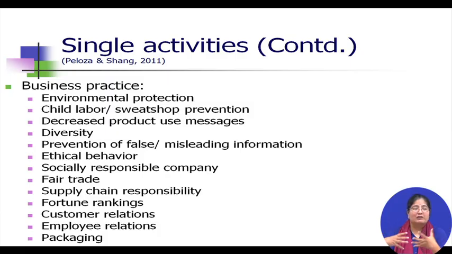So you say we employ people from all walks of life or from all different kinds of backgrounds. Prevention of false or misleading information: you take active steps to ensure that the information that you give about your product is actually accurate and you don't misrepresent the contents of your product or what it does.